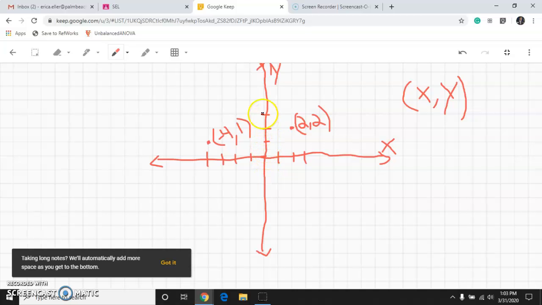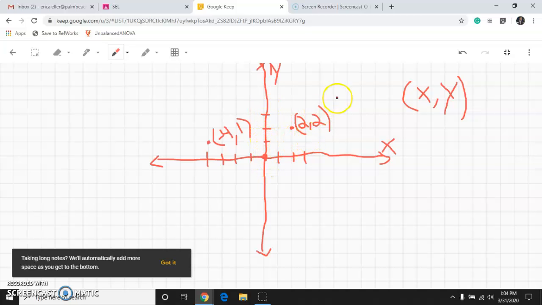This line, the y-axis, is on 0. This is 0, and then 1, 2, 3. Same thing for the y-axis. So if this is 3, 3, 2, 1, what is this right here as well? Well, it's also 0. Everything counts.